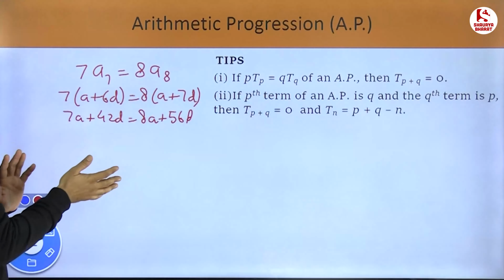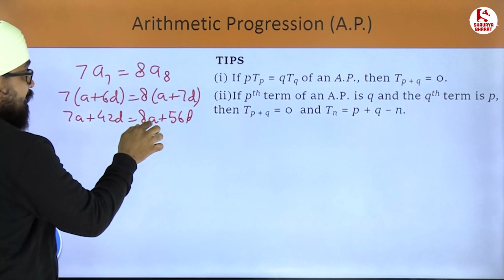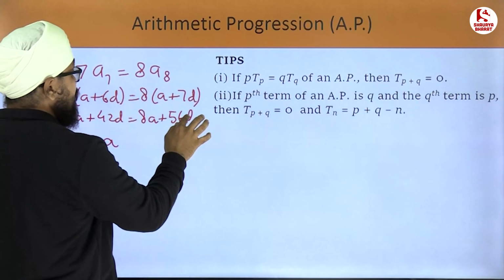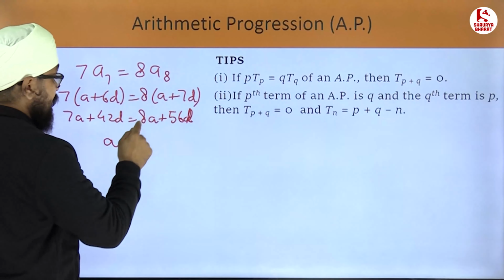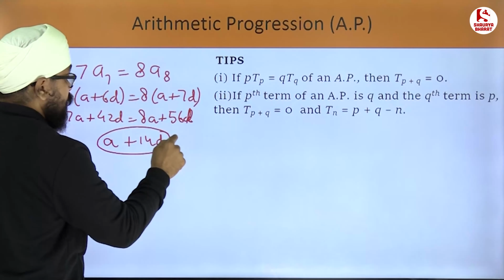When you shift the terms to one side, it becomes 8a minus 7a, which is only a, plus 56d minus 42d, which is 14d. Clear? This is equal to 0.